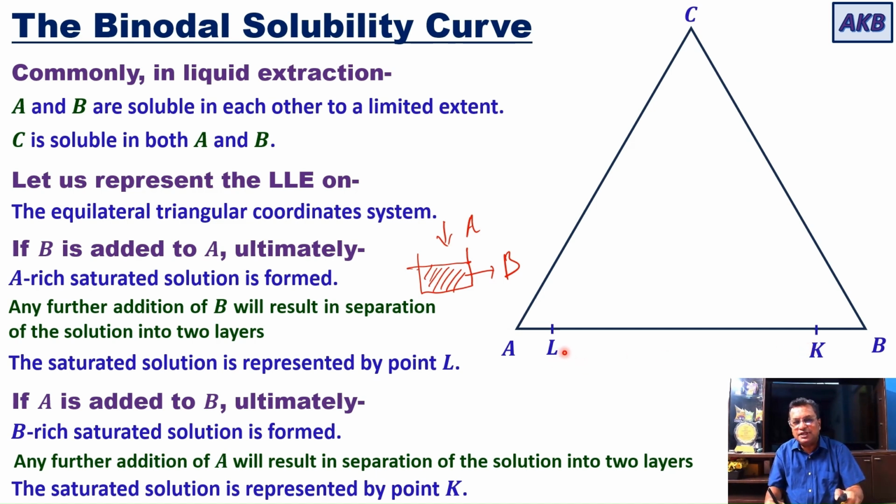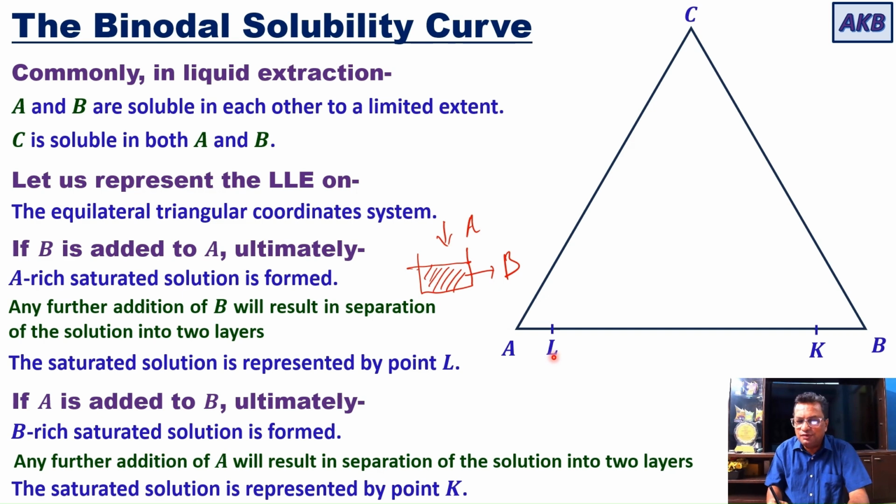L represents the A-rich saturated solution of A and B. Both L and K represent a binary mixture, only two components, A and B. As A and B become more insoluble, what will happen?